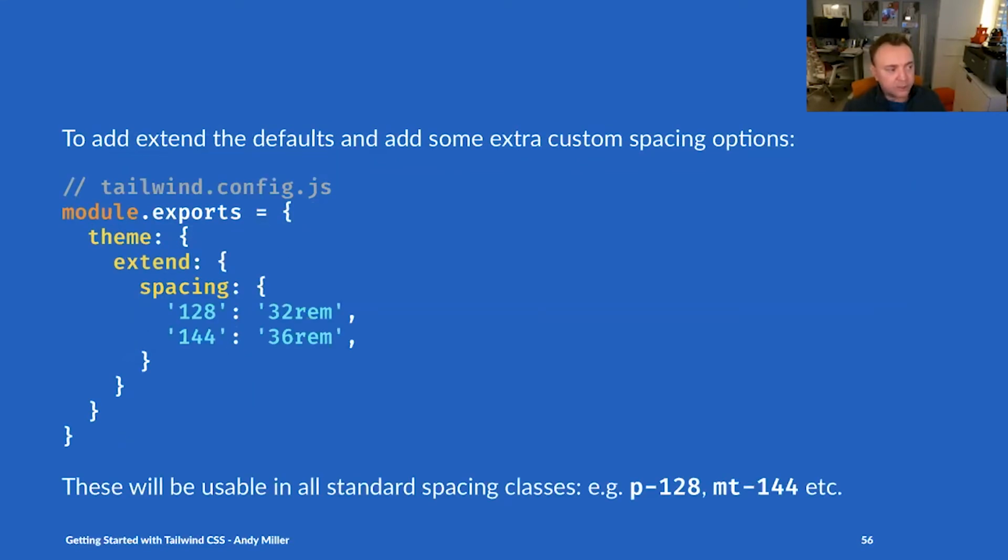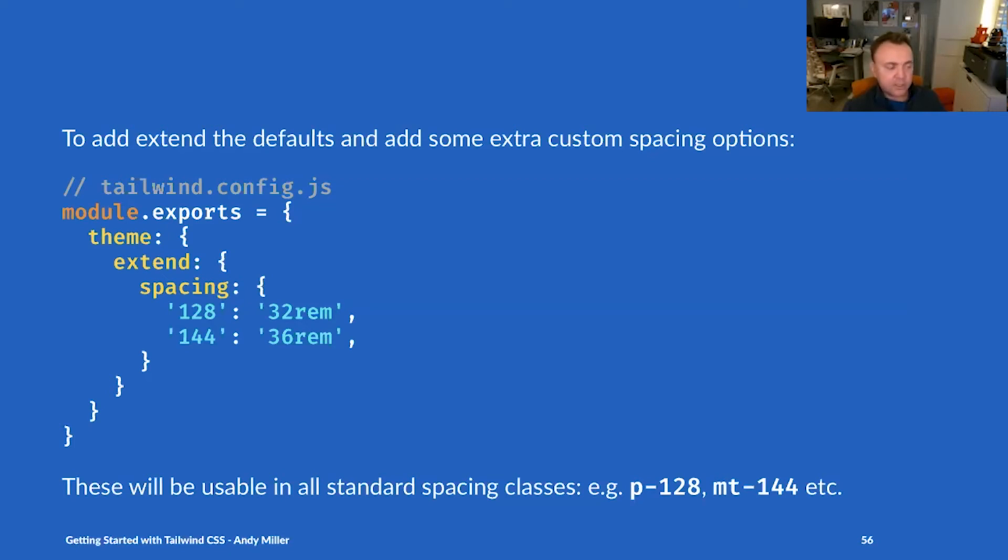Another popular place to extend is in the spacing. So spacing is used for all of the standard spacing things like height, width, padding, and margin. So here I'm extending the standard spacing, I'm not replacing, I'm extending it, and I'm adding a couple of extra spacing values, a 128 of 32 rem and a 144 of 36 rem.